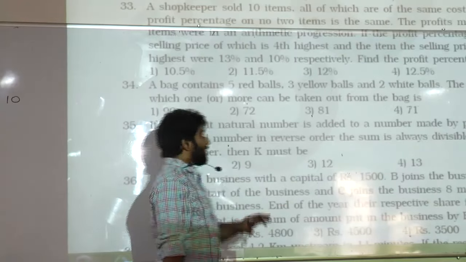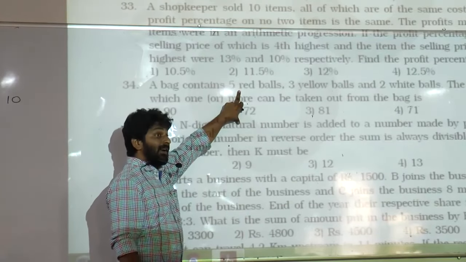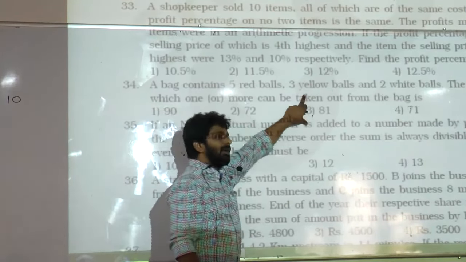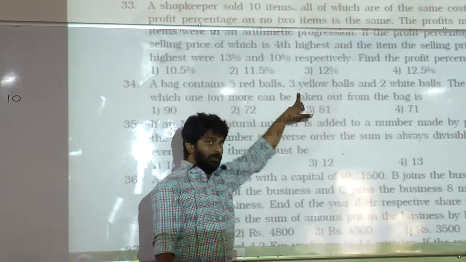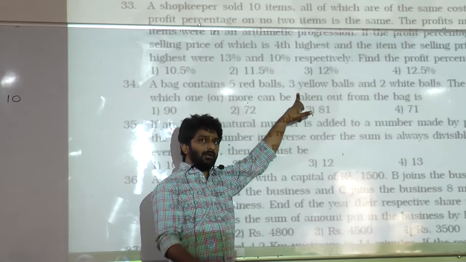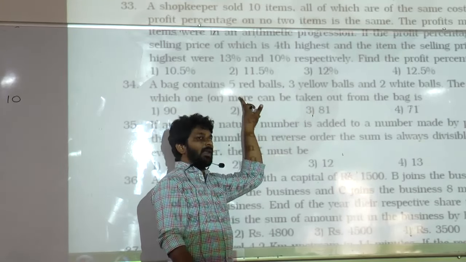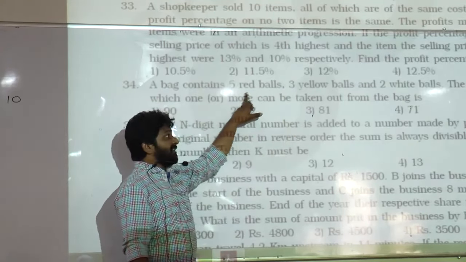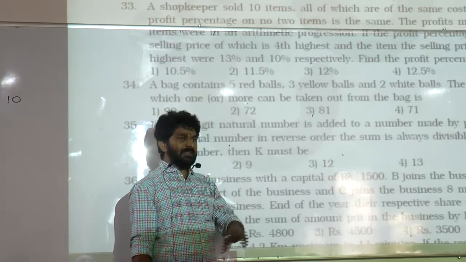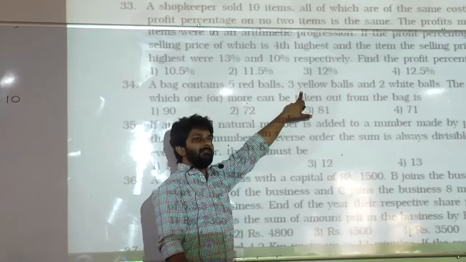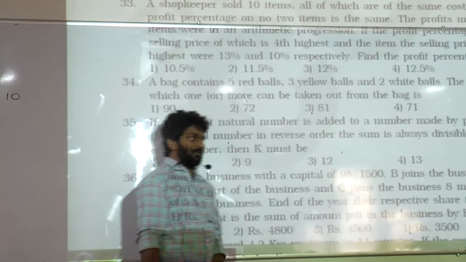Yes or no? Right. One red and one yellow: 5C1 into 3C1, plus one red and one white: 5C1 into 2C1, plus one yellow, one white: 3C1 into 2C1. Okay?